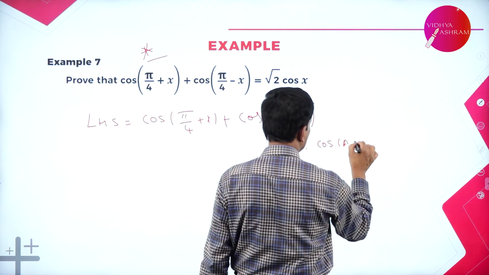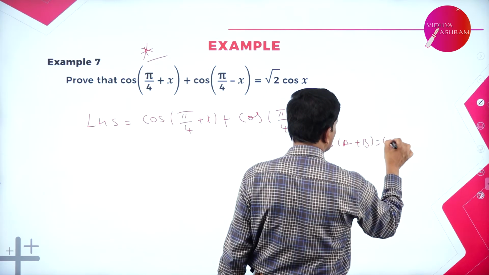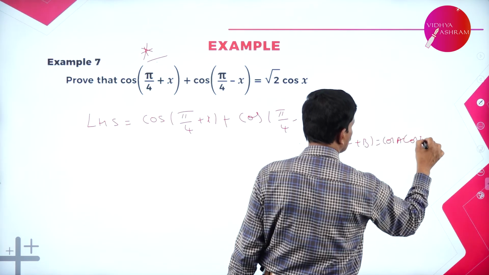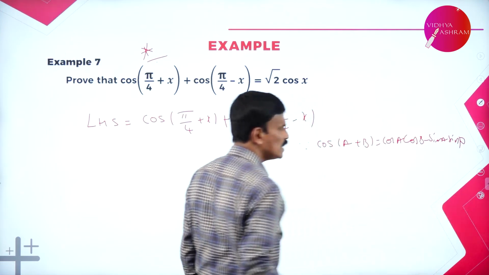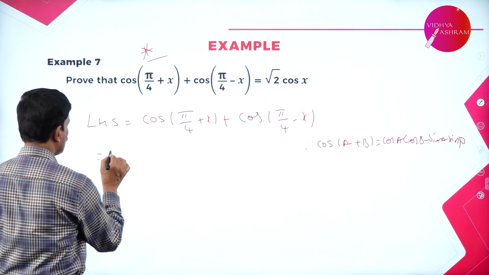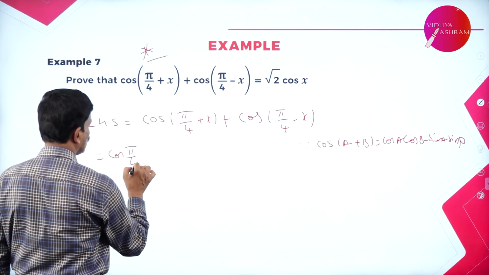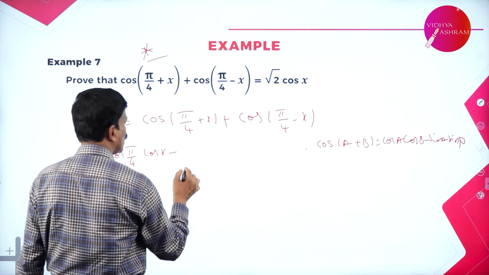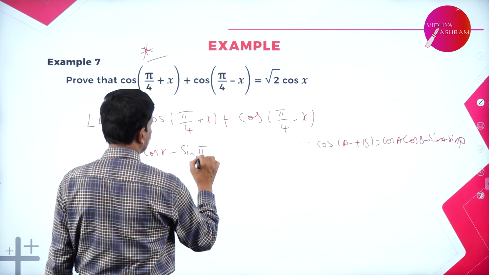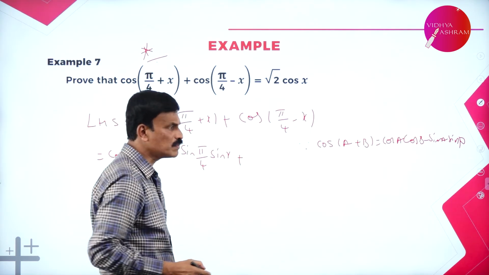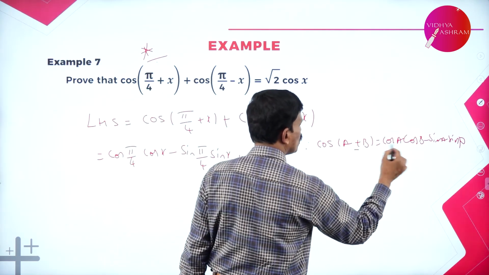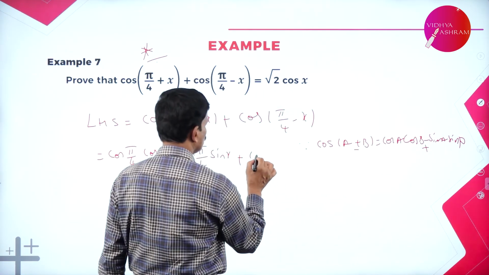Since cos of a plus b is equal to cos a cos b minus sin a sin b, so this is cos pi by 4 cos x minus sin pi by 4 into sin x, plus similarly cos a minus b is equal to cos a cos b plus sin a sin b.